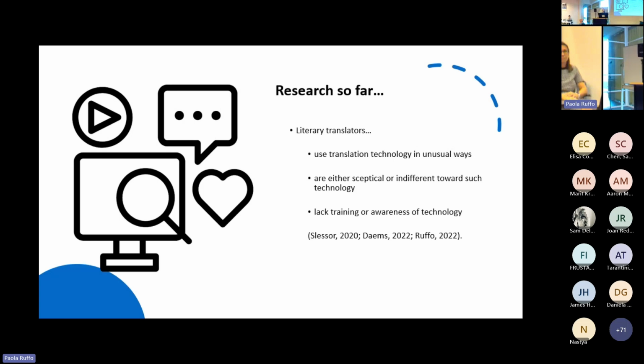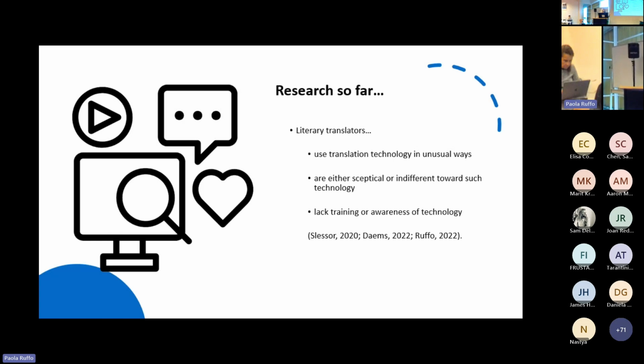And at the same time, literary translators, in terms of attitudes, tend to use translation technology in very unusual ways, which means they don't necessarily use it for the purpose that it was built for, what the software engineer thought about when developing the tool, but they adapt it to their own very specific needs for literary translation.